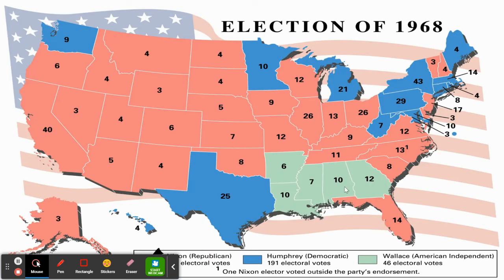If you look at the map, let's look at Ohio, for example. Ohio, in the election of 1968, they had 26 electoral votes. They had 26 electors. And so the people voted for Nixon. The popular vote in Ohio was for Richard Nixon, the Republican.